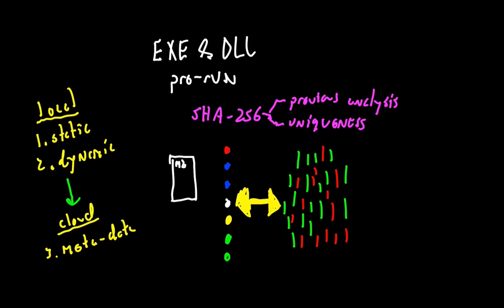And this is how a cloud component to an endpoint security product can come up with a detection when the local product failed. It's because it's dealing with a much, much larger library of things to compare against.